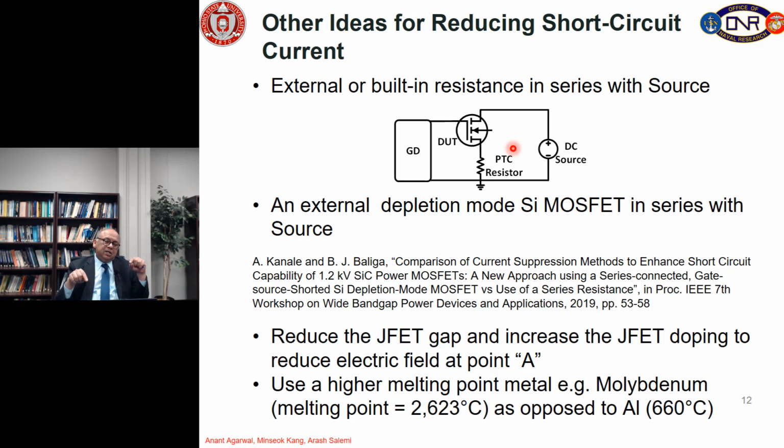Then the designer does not have to put an external source resistance, but again the limitation is the same, your on resistance goes up, whereas in the P plus shielded MOSFET, the on resistance does not go up. Reducing the JFET gap and increasing the JFET doping will not affect the on resistance, but it will reduce the short circuit current and so on.